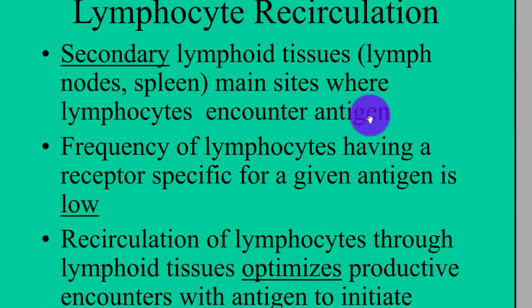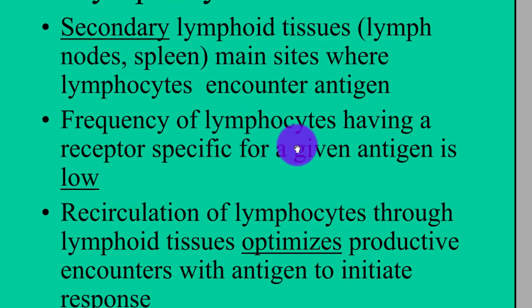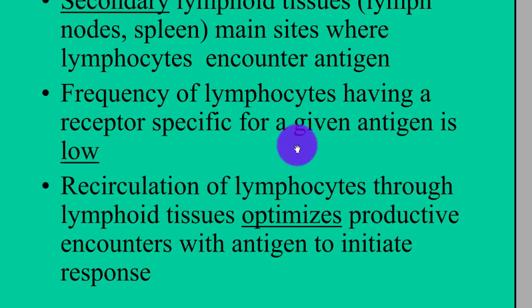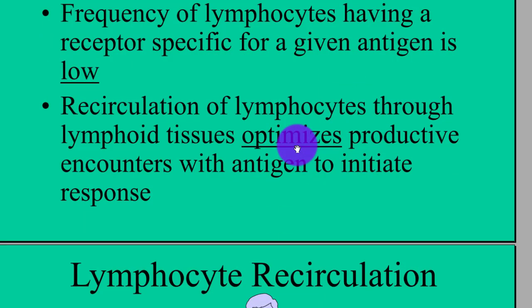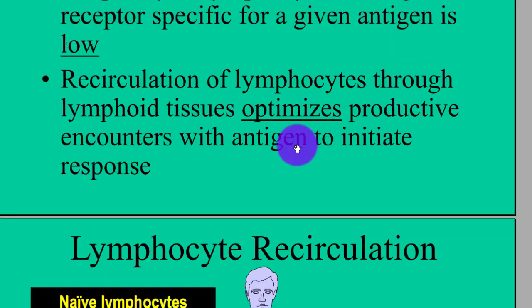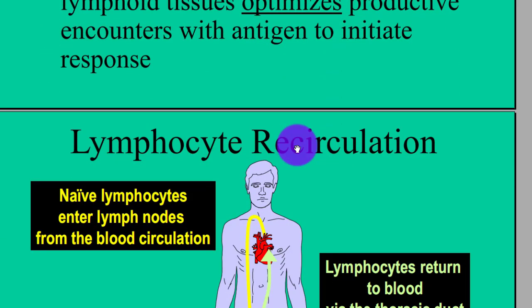Lymphocyte recirculation. Secondary lymphoid tissue, lymph node and spleen, is the main site where lymphocytes encounter antigen. The frequency of lymphocytes having a receptor specific for a given antigen is low. Recirculation of lymphocytes through lymphoid tissue optimizes productive encounters with antigen to initiate a response.